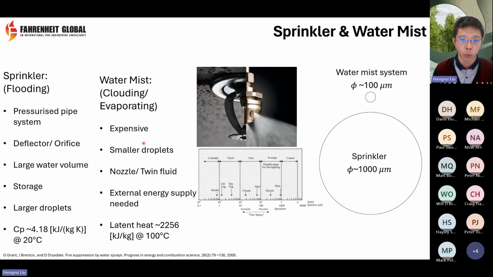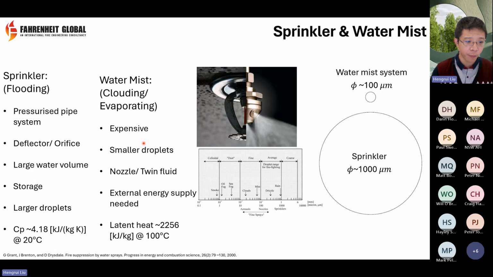That's what we call a twin fluid system. You probably also need an external energy supply, such as a compressed gas tank or electrical pumps, to break the water down into smaller droplets. So that's the cons of water mist systems.